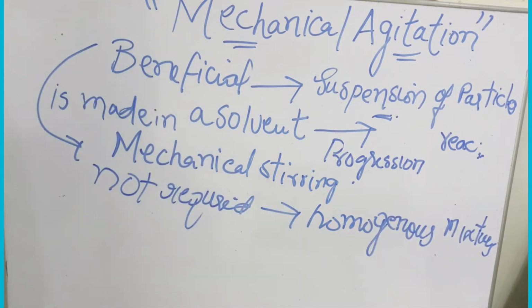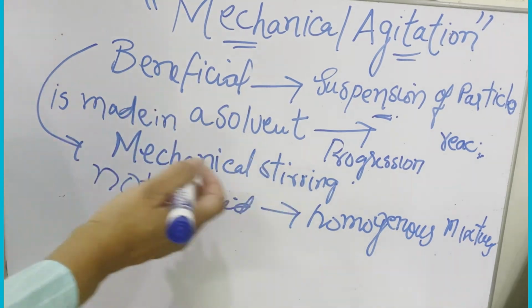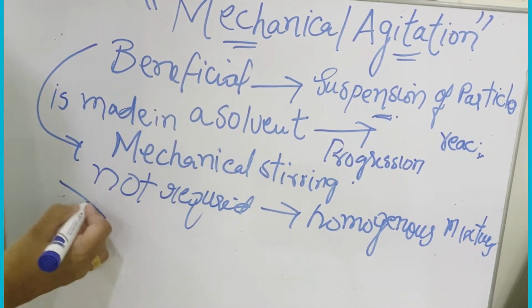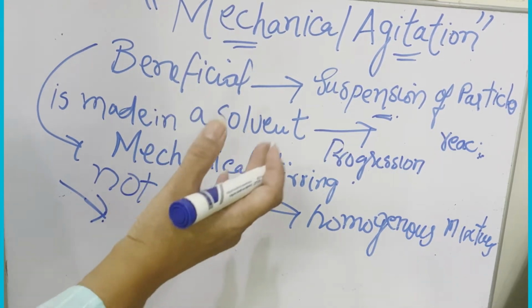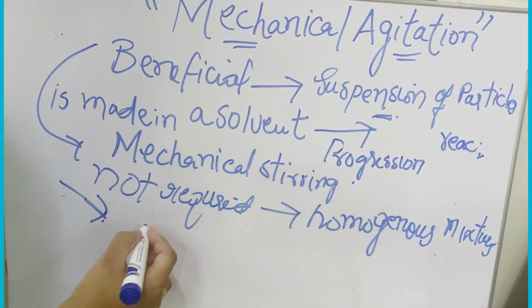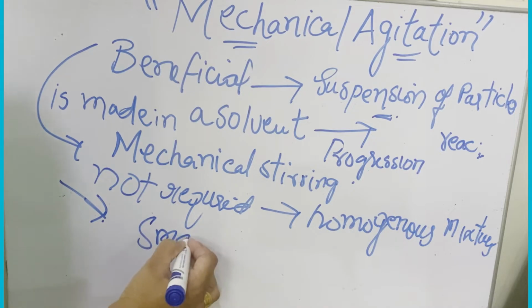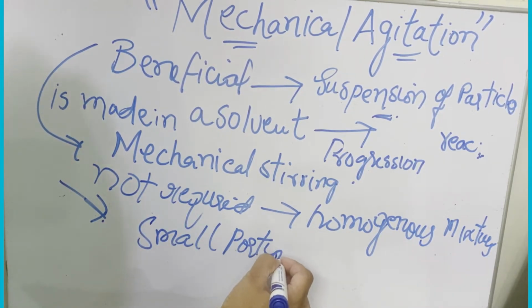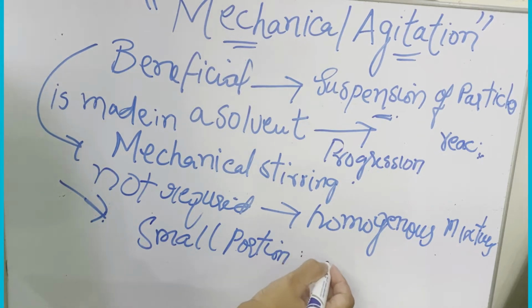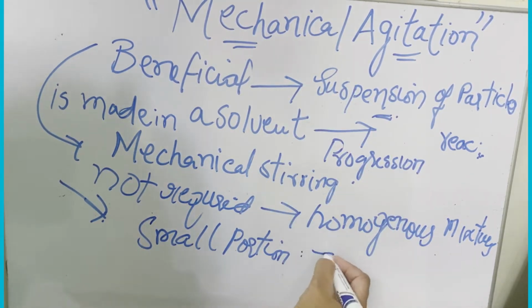But it is recommended when mixing a compound in a small portion, or in a dropwise manner. That is, when the compound you are dealing with is in a very small proportion, or the addition of the solvent is in a dropwise manner.